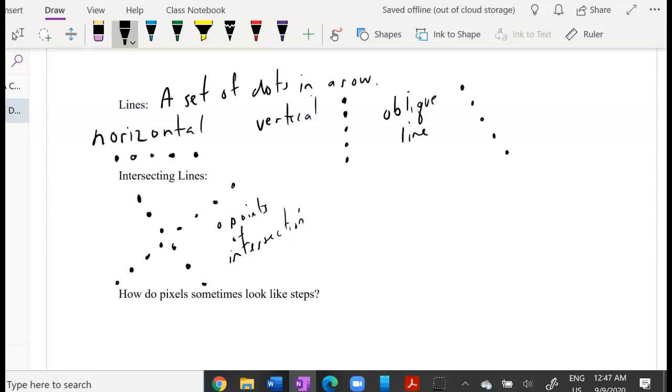And then here's a set where they do intersect, and I think you can probably imagine what I'm going to draw. And there is one intersecting point. 1 point of intersection.